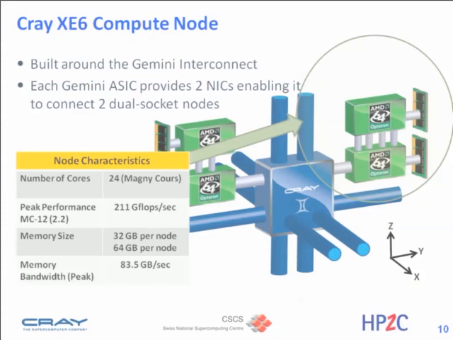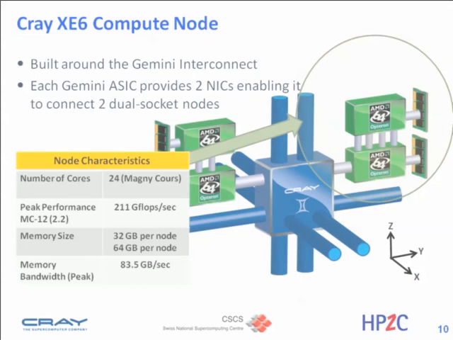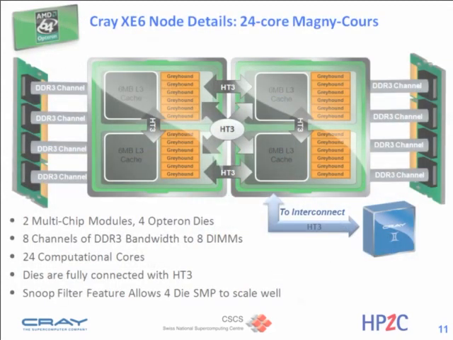And the memory bandwidth, the bandwidth between the memory modules and the processors, the peak bandwidth, is 83 gigabytes per second. We're not achieving that peak number on any application. We can reach up to 50 gigabytes per second. Please stop me if I say things that are not clear enough.